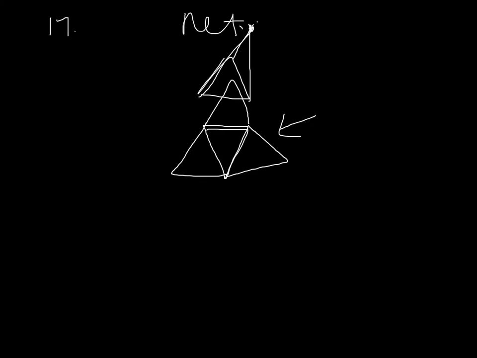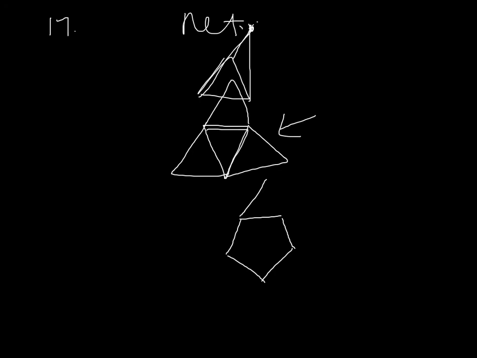Okay, so for number 17, they want you to draw a pentagonal pyramid. So that means we know our base is going to be a pentagon. Penta means 5, so we have 5 sides. So let's go 1, 2, 3, 4, 5. Okay, there's my pentagon. And now, if it is going to be a pyramid, I know that all lateral faces would have to be a triangle.